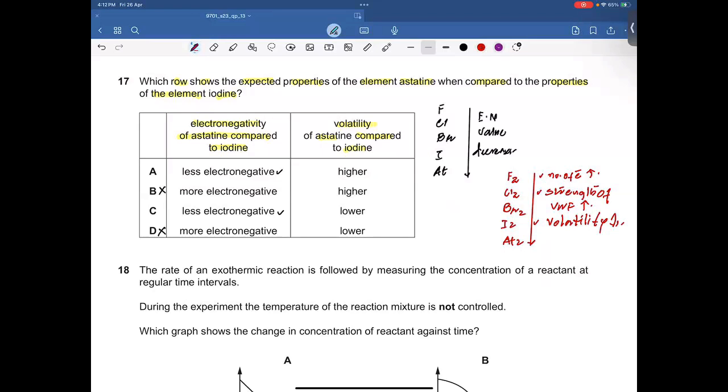And remember, iodine and astatine both are solids at RTP, which means they are less volatile. So volatility of astatine is lower than iodine, which means these two options are incorrect. The right answer is obviously C. I hope it makes sense to you.